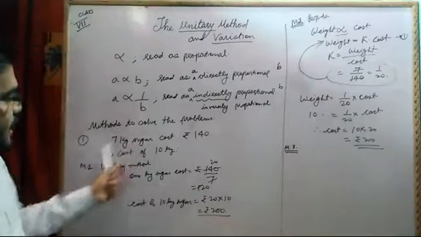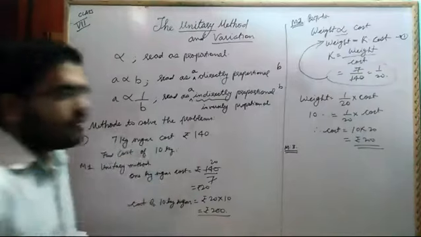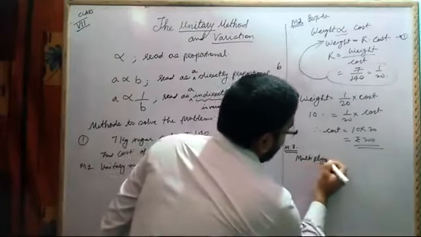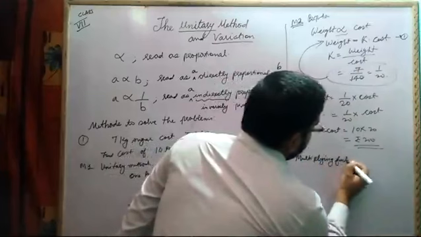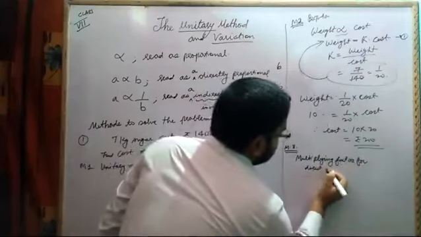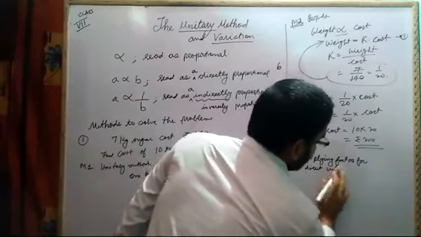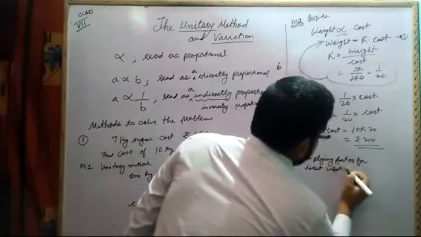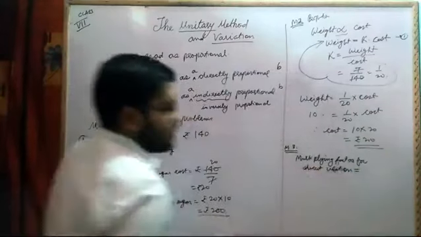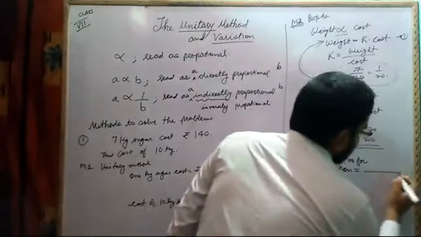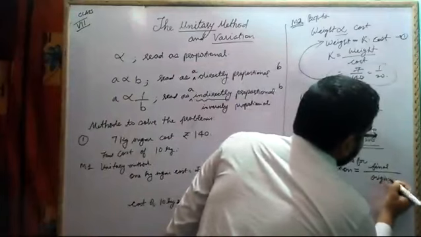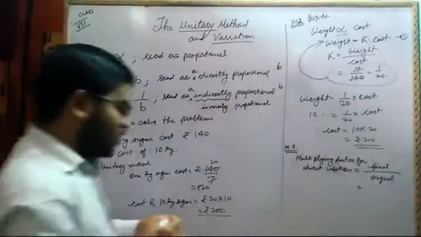Since we are dealing with direct relation, I will give you the multiplying factor for direct relation. For direct relation we have the multiplying factor as final value upon original.